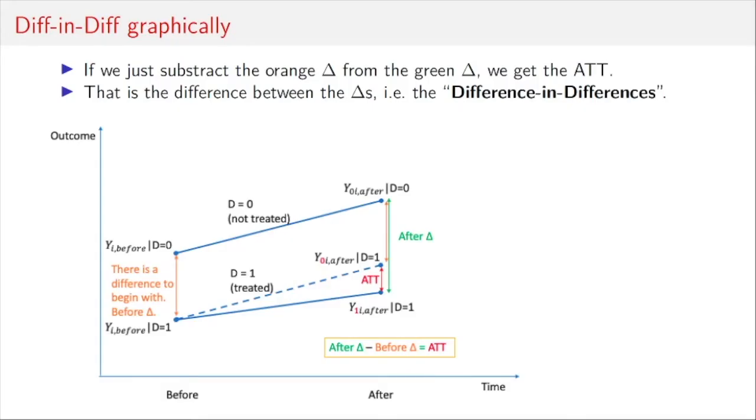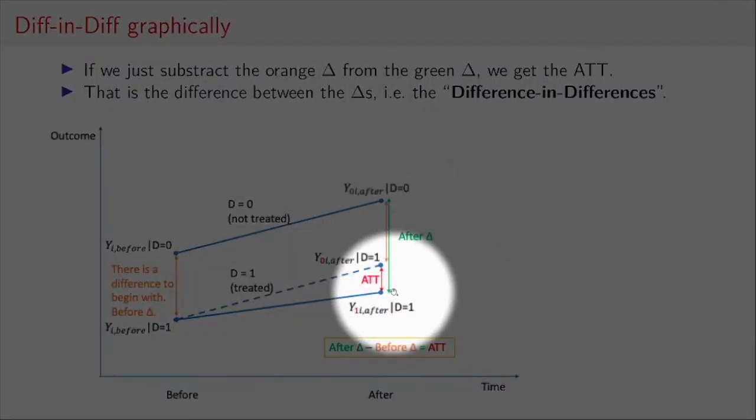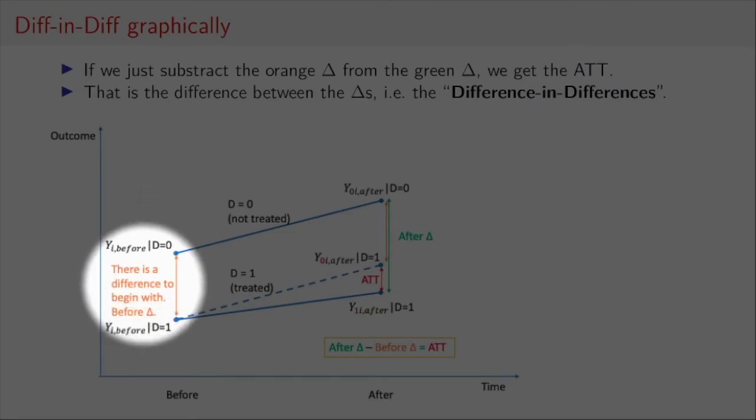But so the key to the differences in differences is that we observe this green arrow, the difference between the two groups after the treatment, and we observed the difference here, the orange arrow, which was the difference between the two groups before treatment.